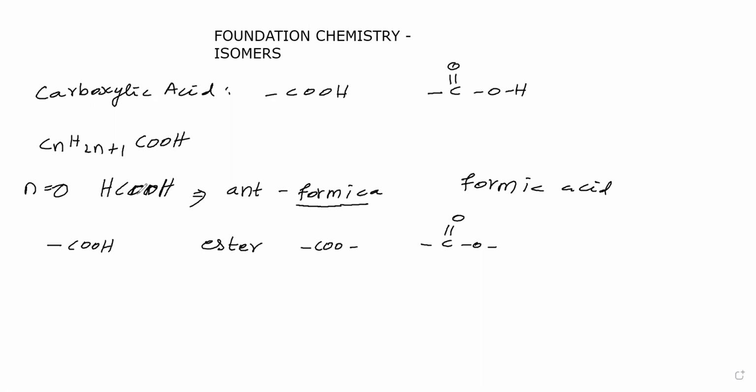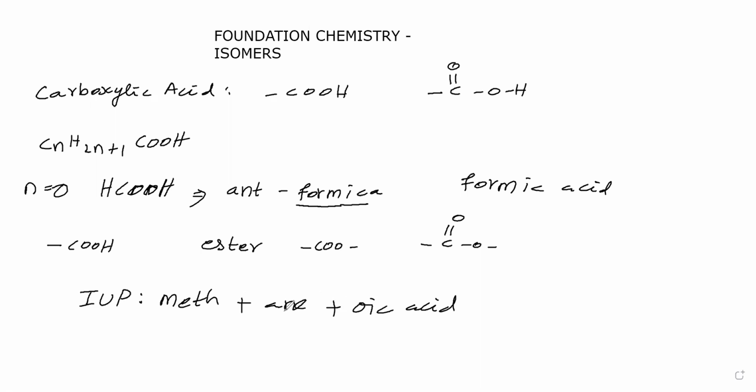Now what is the IUPAC name for this one? We'll see. This contains one carbon, therefore the root word is meth. Primary suffix is en. Secondary suffix is oic acid. Here in oic acid, the first letter is O, a vowel sound.